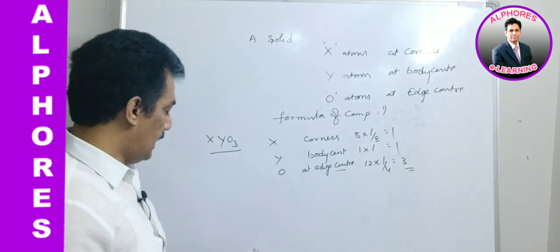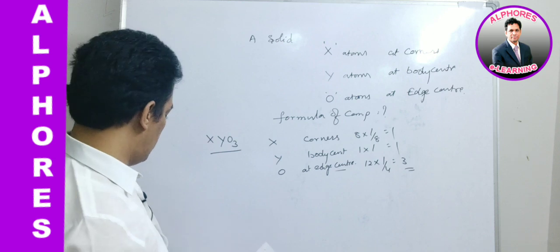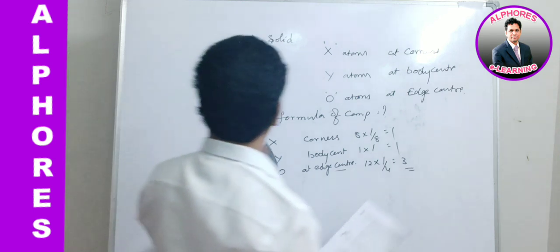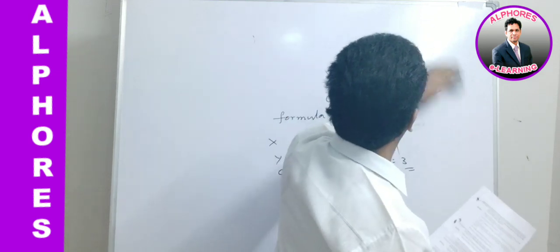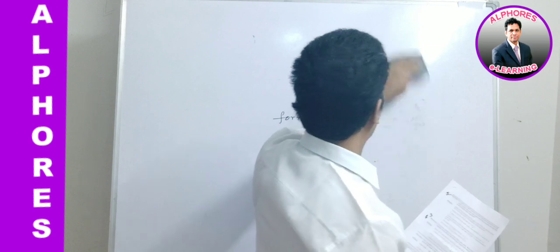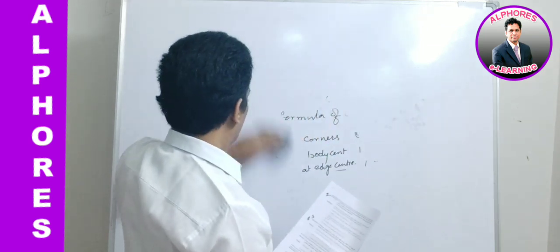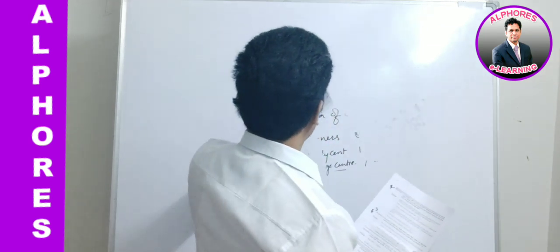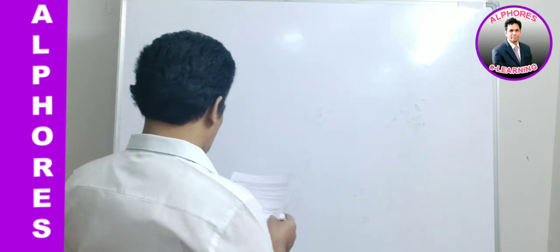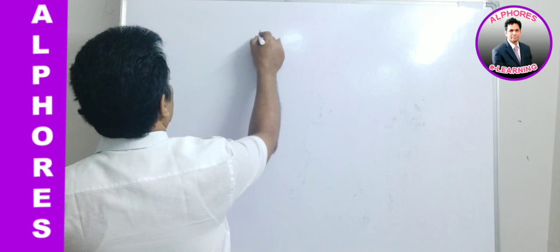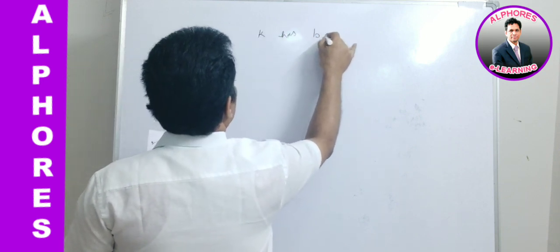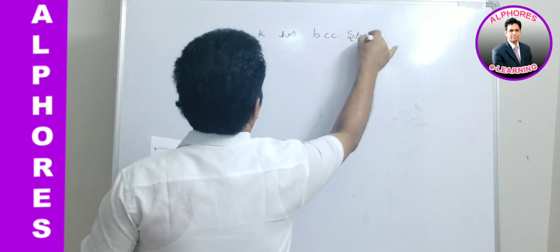Clear? Now coming to the next question, it is a different one. It is given that potassium, the metal potassium, has a body centered cubic structure. Potassium has BCC structure.